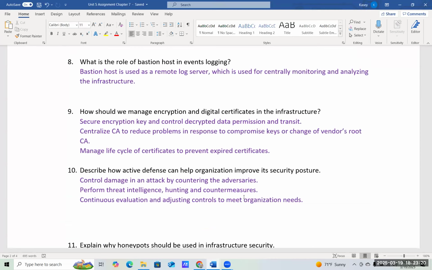And I think it took us a little bit of time to get here to really understand the type of security practices and processes and tools that we need to make sure that we are preparing, right, or over preparing in most cases for potential damages. So active defense would help the organization in that it would control the damage when an attack happens.